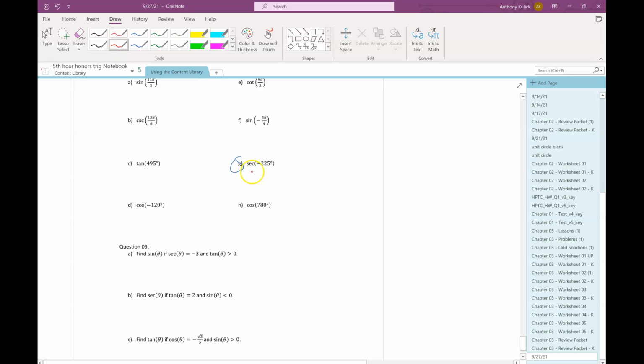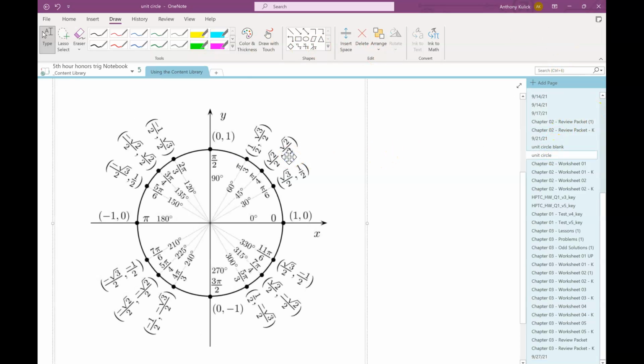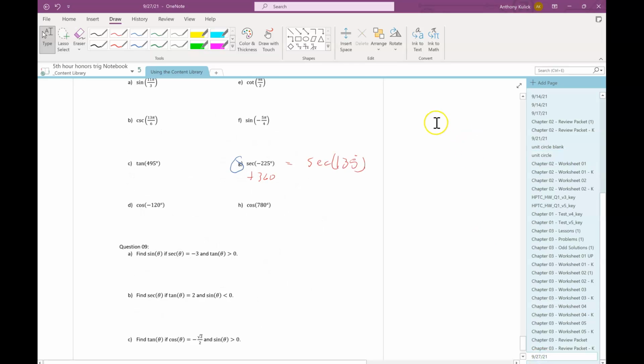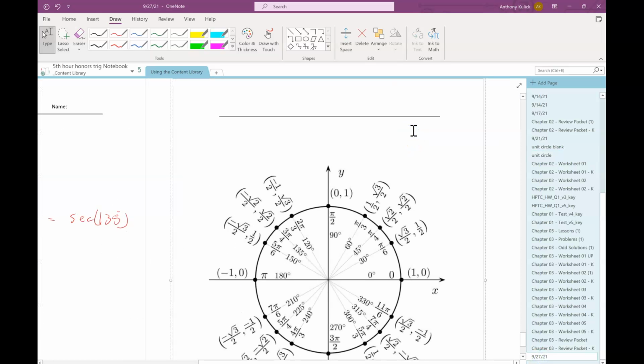So secant of negative 225. Probably what I would do is add 360 to that so that it's in the unit circle. So really I'm talking about secant of positive 135. On the unit circle, I find 135 degrees, which is there. Secant, I remember, is the reciprocal of cosine, and cosine is x, so really I'm looking at 1 over x.